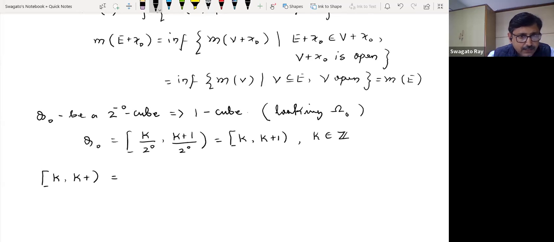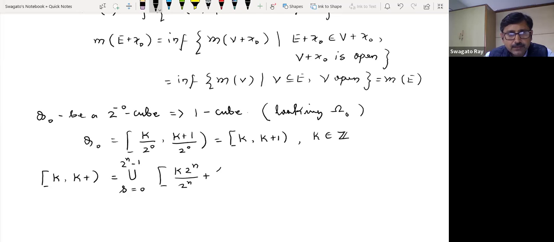I write this as the union over S from 0 to 2 to the power n minus 1 of the semi-open intervals, K 2 to the power n plus S by 2 to the power n, comma, K 2 to the power n plus S plus 1 by 2 to the power n. This is a trick I have used time and again. Do you agree to this writing? What am I doing actually?